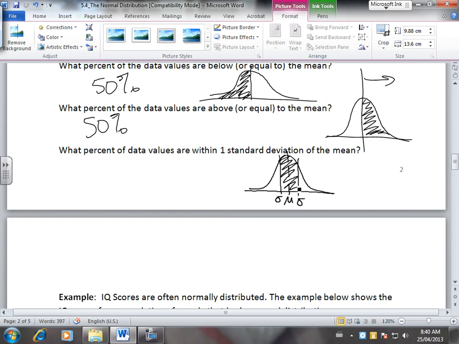And so I get 68% of the data is within 1 sigma, or 1 standard deviation.